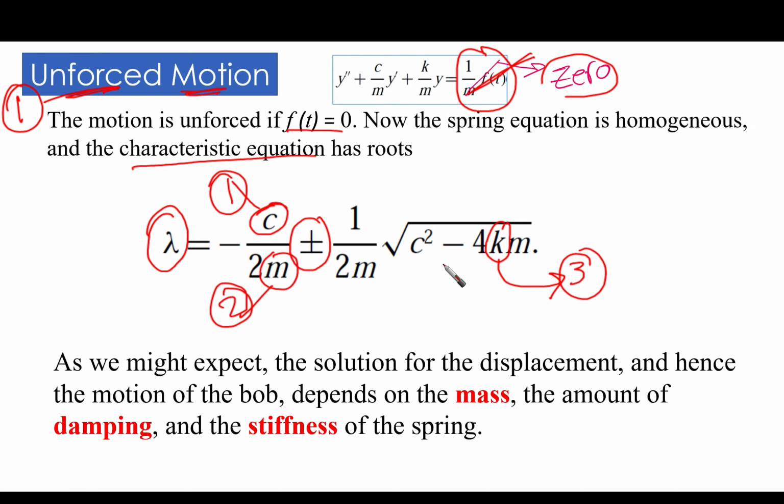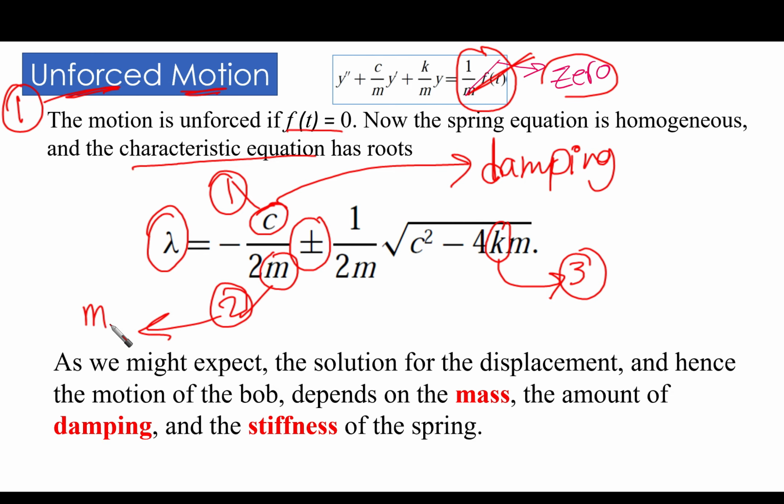mass system. We call this c, it is representative of what? It is damping, okay? And m, of course we know it is the mass, okay? And k, it is what? The stiffness of the system, the stiffness of the spring itself.